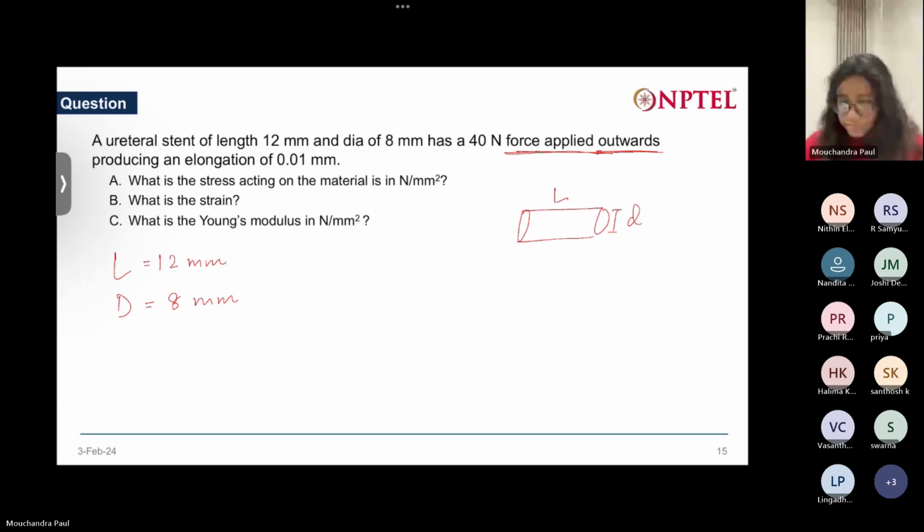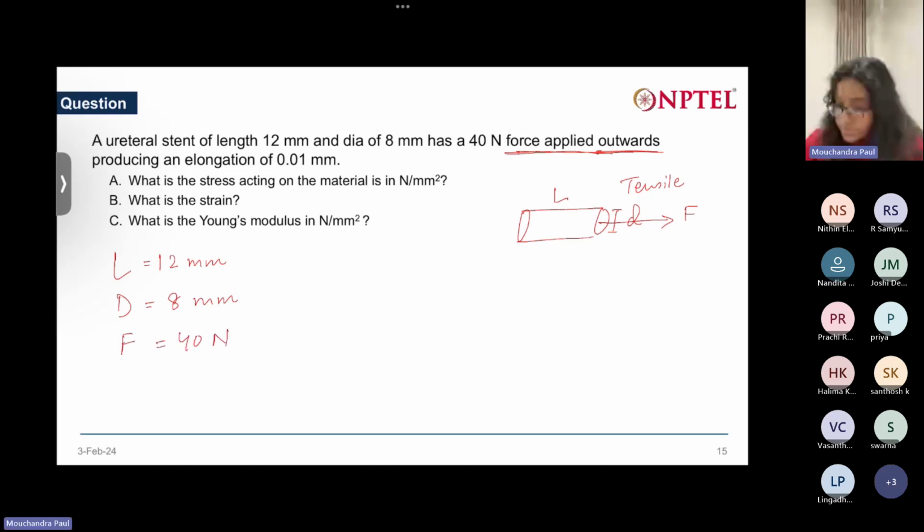The direction of the force would look something like this. It is a tensile force. And what is the value of that force? It is 40 Newton.